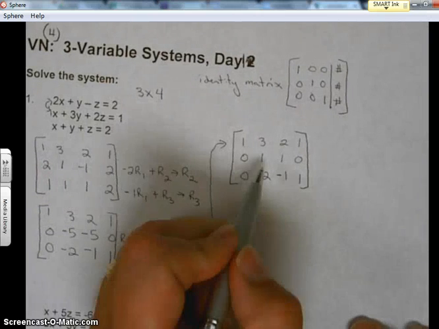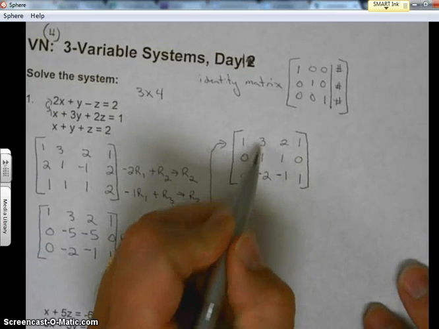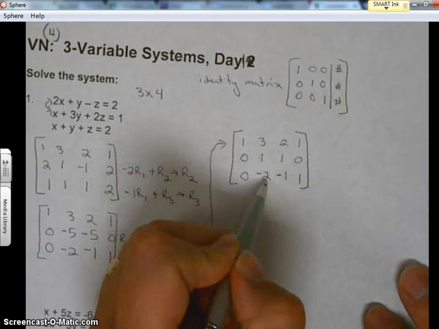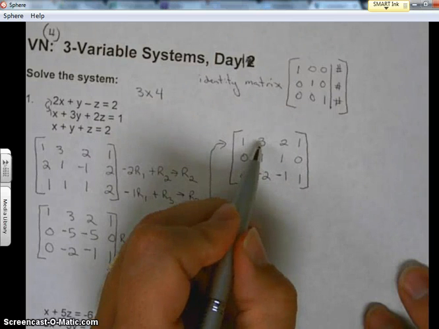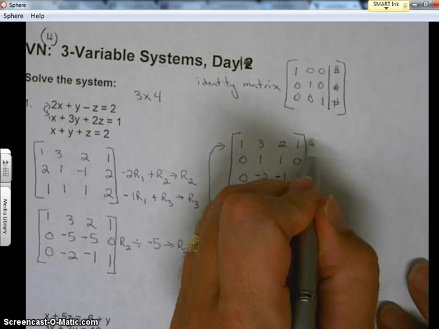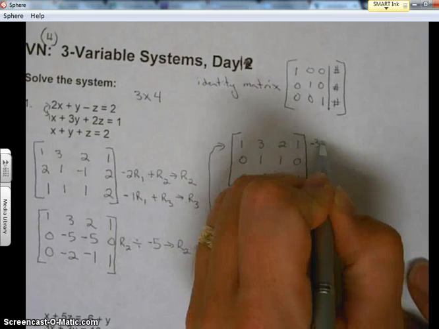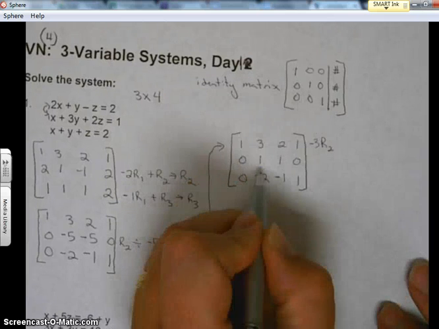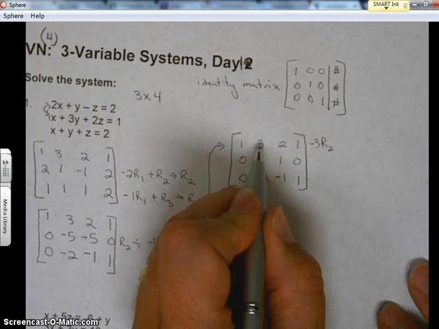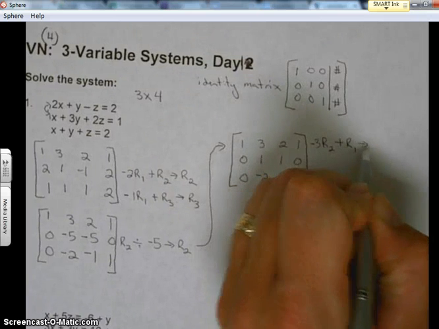Now that we have our 1 in this location, we then need to get our zeros above it and below it. So what would I add to 3 to get 0? Negative 3. So I'm going to multiply row 2 by negative 3 and then add it to row 1 to get a new row 1.